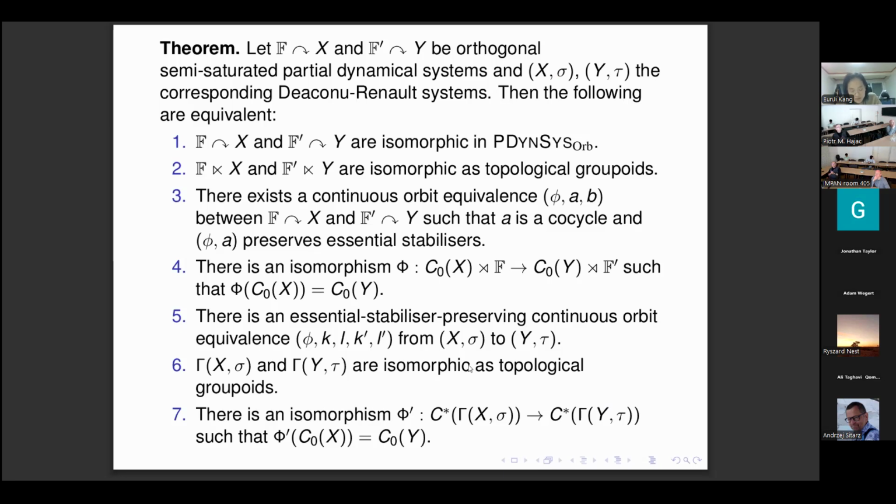The first: the two partial dynamical systems are isomorphic in the category of partial dynamical systems. Second: the groupoids built from these systems are isomorphic as topological groupoids. And third: there is a continuous orbit equivalence between these two partial dynamical systems, such that it is a cocycle and preserves essential stabilizer.